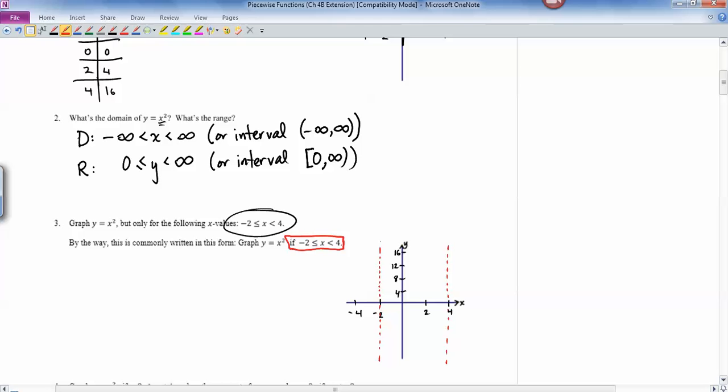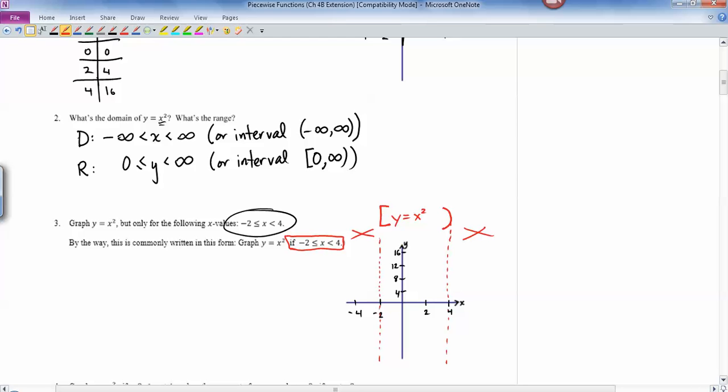And this region right here is going to look just like y equals x squared. But it's not going to exist out here, and it's not going to exist out here, because I don't have any graph for that. I only care about between -2 and 4 for my x values. Now this is just my own notation to help me remember stuff, but I want to include the -2 side in my graph, and I want to go up to but not include the 4 on the other side.